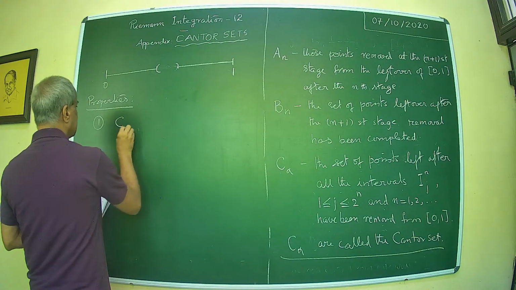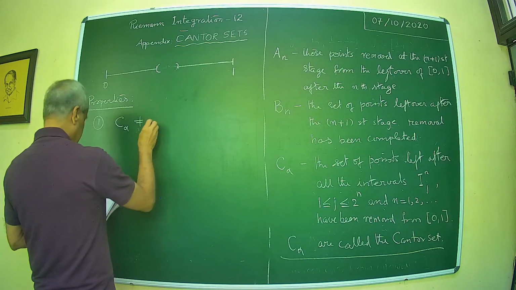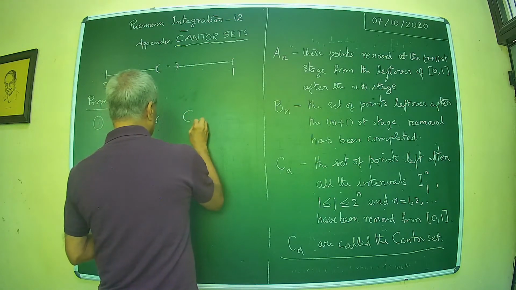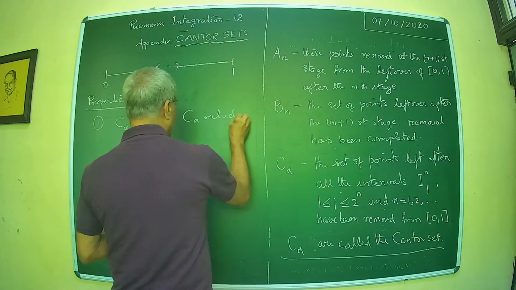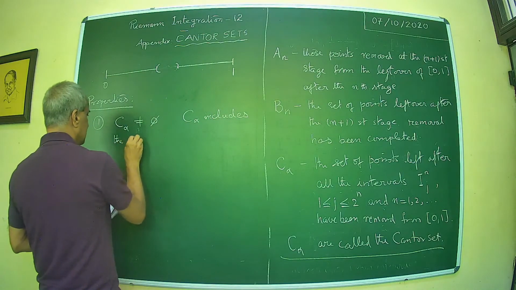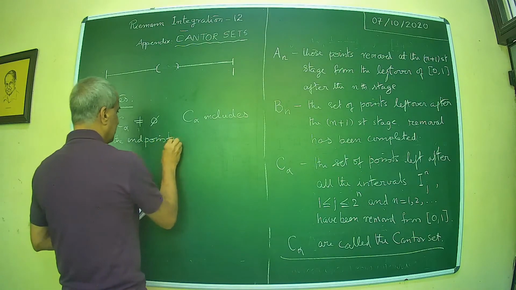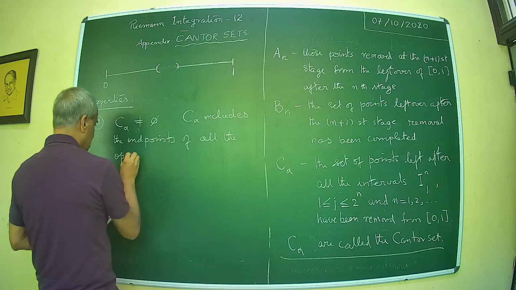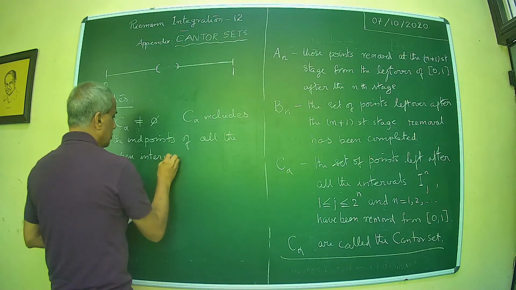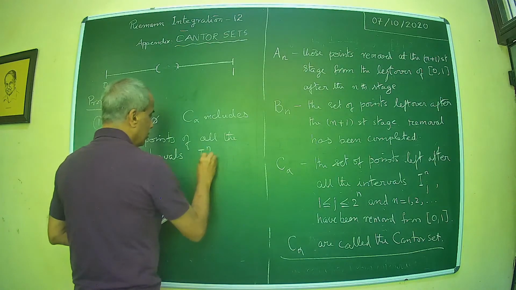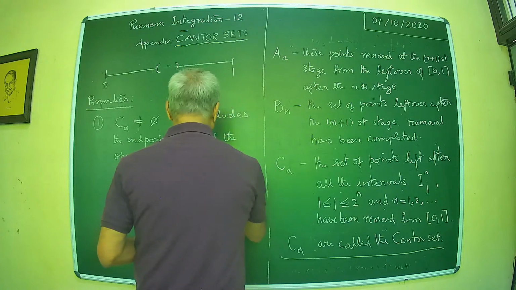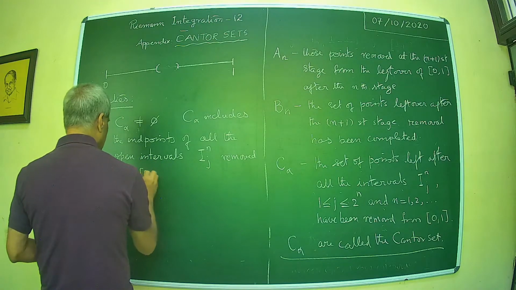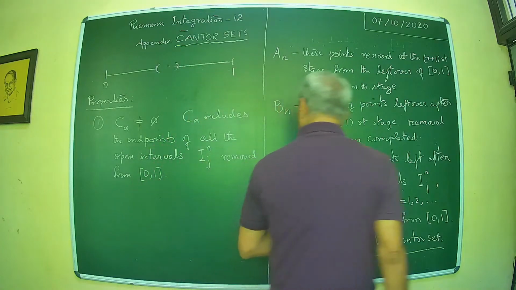So first of all, you observe C alpha is not, because you can easily see that the C alpha includes the endpoints of all the open sets I and J from 0. Therefore, it is not.